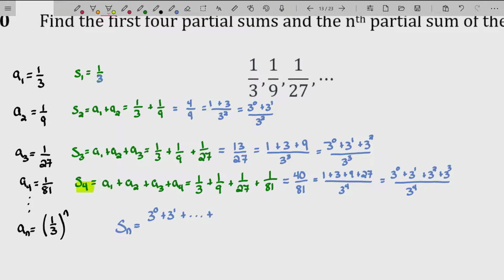When the index was 4, we ended at the power of 3. When the index was 3, we ended at the power of 2. So I'm going to end the power at 1 less than n. So we're going to add all those up until we get to 3 raised to the n minus 1. And that will all be over 3 to the nth power.